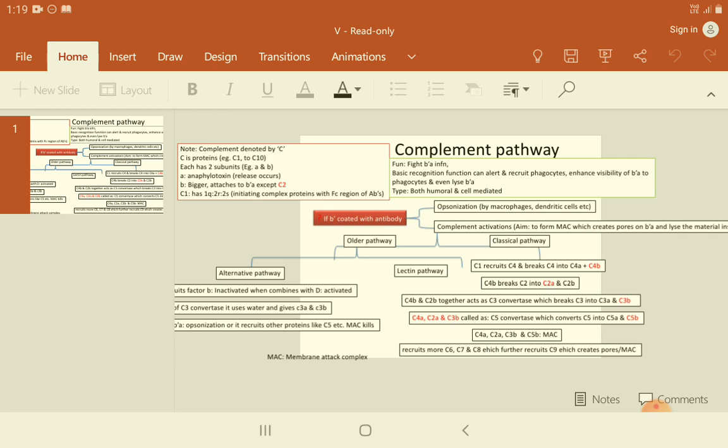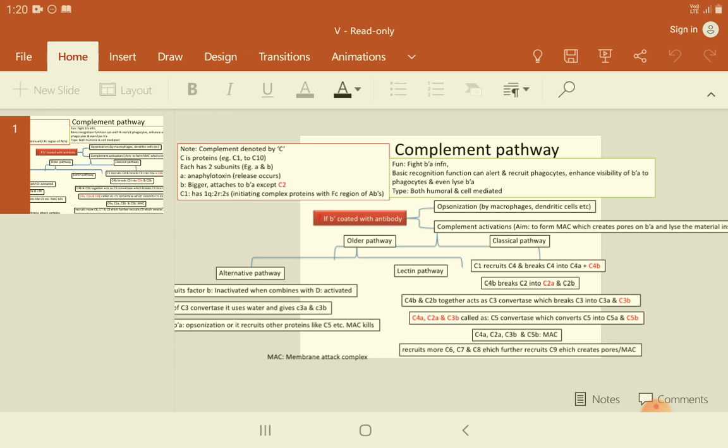The A subunit has a role: it is released and acts as an anaphylatoxin. The B subunit is bigger, which attaches to bacteria, except for the C2 complement. Instead of C2B, here C2A acts, which attaches to bacteria and causes further intermolecular reactions.